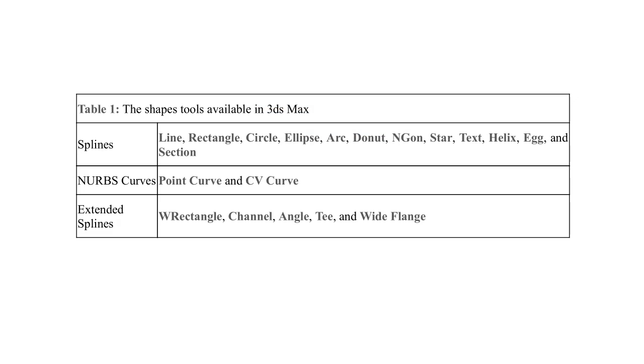Table 1 summarizes the available tools. You can also access those tools from the Create menu. If you are using the Enhanced menu system, you can access shapes from the Objects menu.